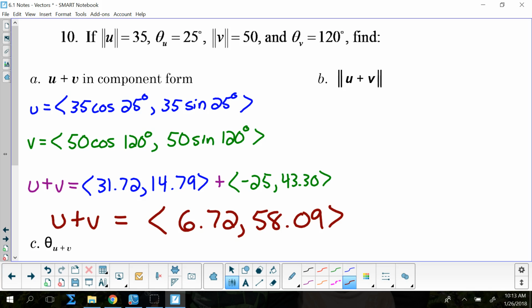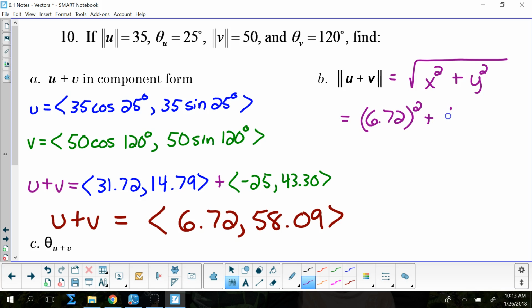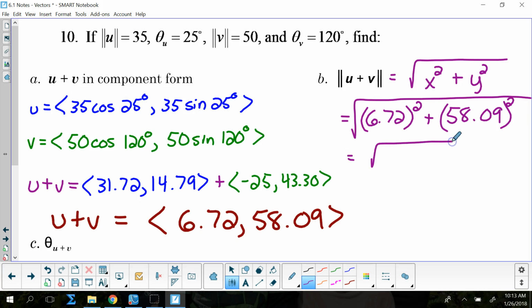The magnitude of that one then is going to be the square root of the x part squared plus the y part squared. So that's going to be 6.72 squared plus 58.09 squared, and then the square root of that, which is going to be the square root of 3,419.95.